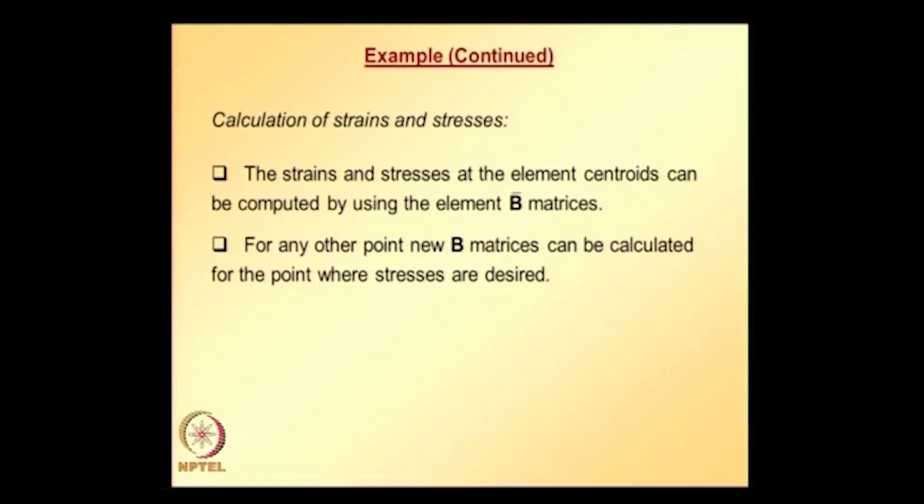So for illustration purposes, calculations of stresses and strains at the element centroid are shown here. Strain at the element centroid is given by B bar times d, and stress at the element centroid is given by sigma bar equal to C times epsilon bar.